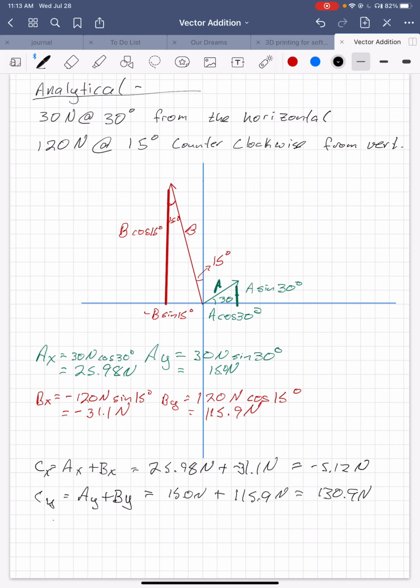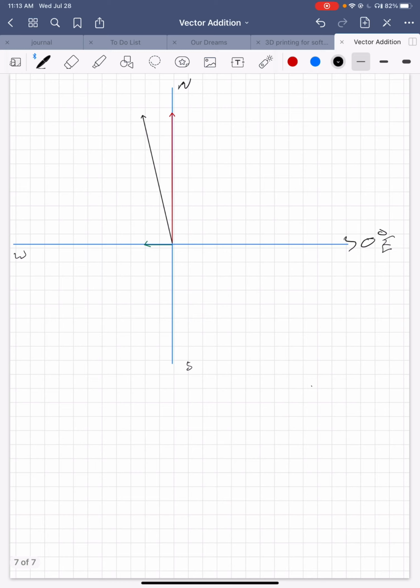So I can say, well, how do I get it back into that vector magnitude and direction form? Well, let's draw vector C. So here's vector C. And we know that it has this little negative part here and this big positive part here. So I again have a right triangle. And I know the values of the right triangle now. Okay, so the y value is 130.9 newtons, and the x value is negative 5.12 newtons. So to find the magnitude, it's always the hypotenuse.